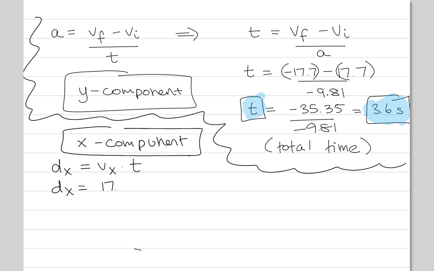This 17.7, you would go into your chart and you would grab the x velocity. It just so happens to be the same value. So please don't get that mixed up. Might have been wiser to use a different angle. And the vx times the t, we got 63.7 meters. And this is our range. So that's how far horizontally it travels.